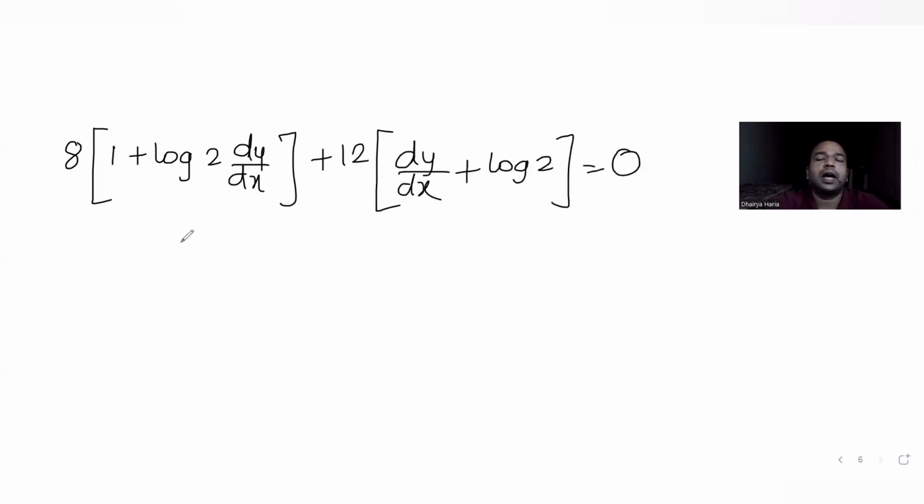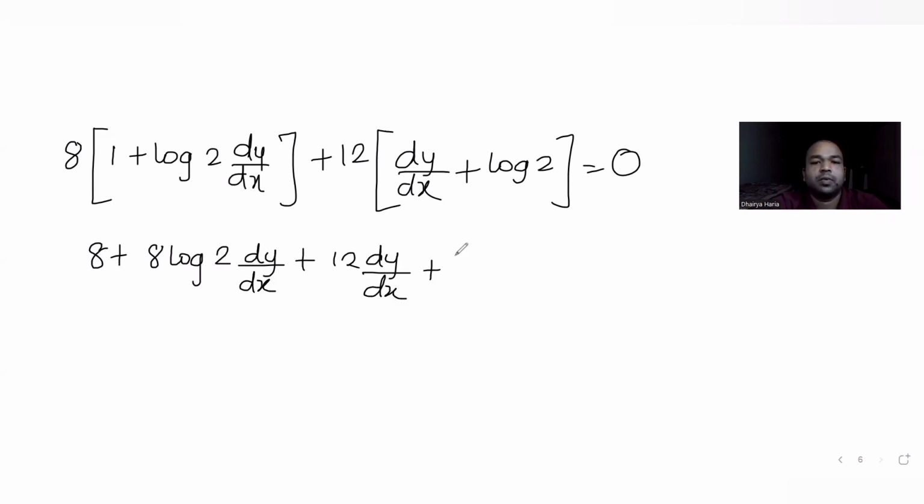So you get this entirely as 8 plus 8 log 2 dy by dx plus 12 dy by dx plus 12 log.